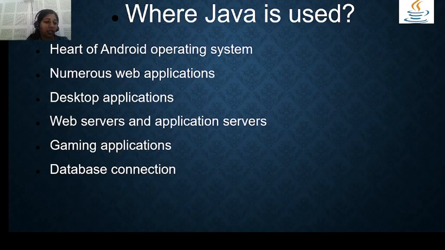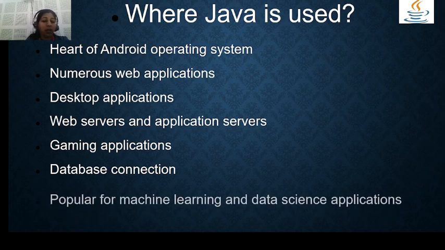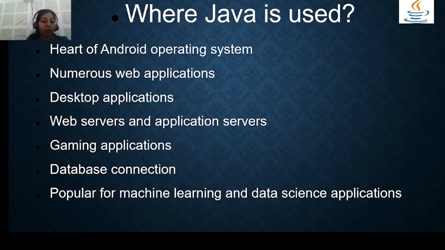Database connection: Java is used to connect to databases, and it supports Hibernate and MongoDB. For each database it can connect, and it is popular for machine learning and data science applications.